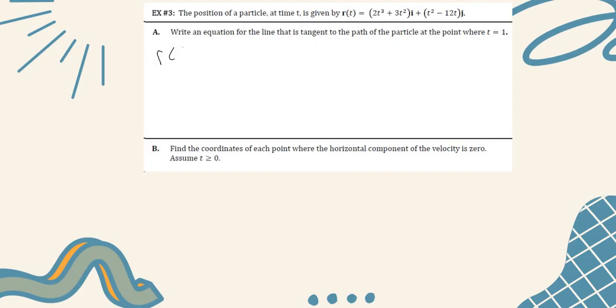So r of 1, okay, so 1 cubed is 1 times 2 is 2 plus 3, we get 5, comma, we plug it in for our y component, what do we get there?